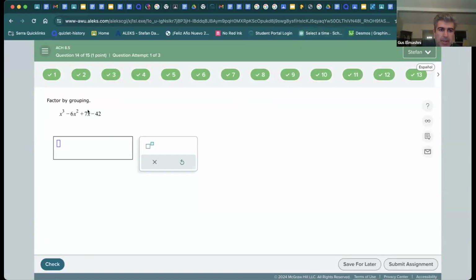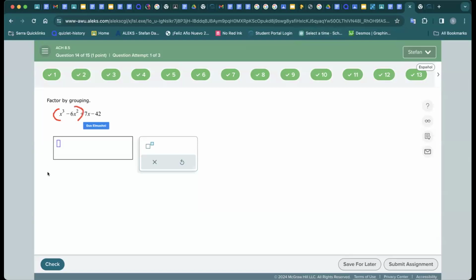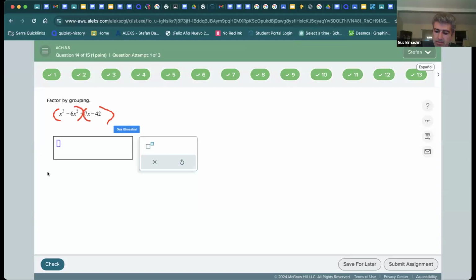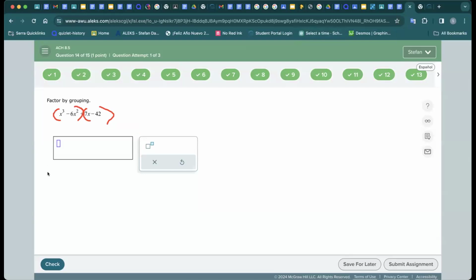All right, factor by grouping. Here you go. Okay.